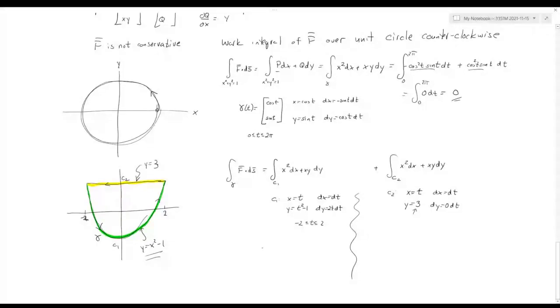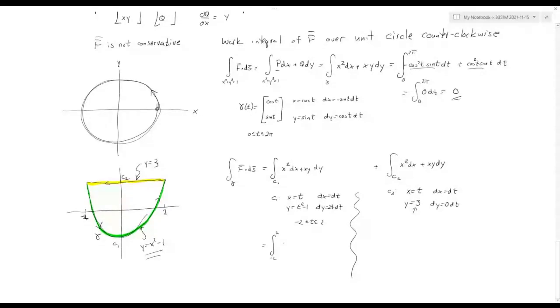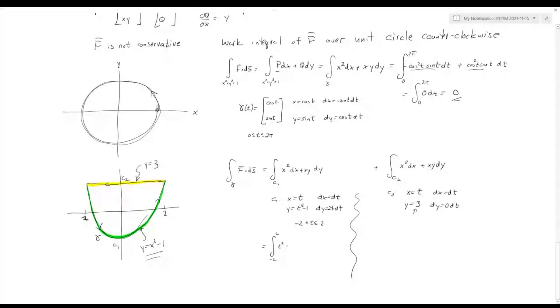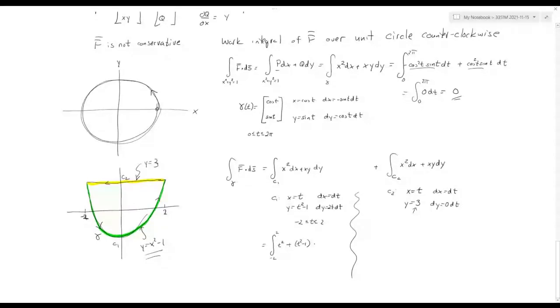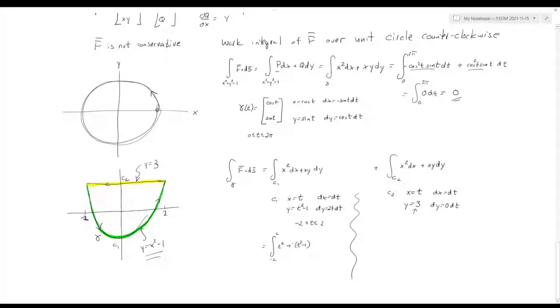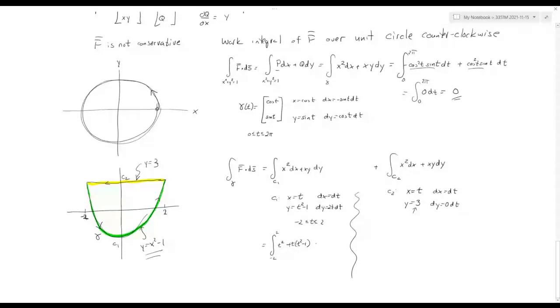So let's plug this in. And now in terms of the parameter, t goes from negative 2 to 2. We get x squared dx, and then plus x times y times dy.